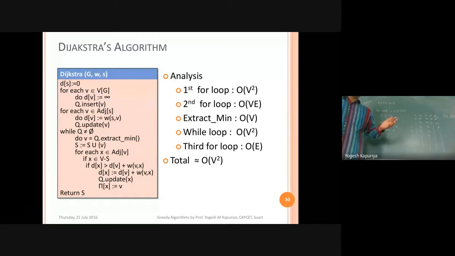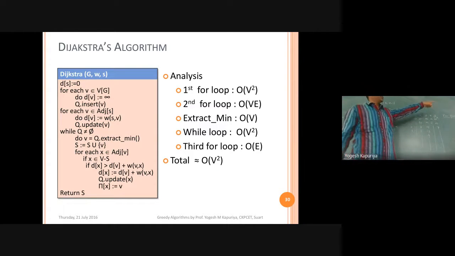See, the reason I am discussing this is because it's all logical. It's how you understand it and how you put it into your pseudocode. So this is pseudocode. In one approach, we are saying that we will not insert the source into the queue like this. In another approach, we are saying that we will insert everything, but we'll make sure that the distance of the source is 0 before inserting it.